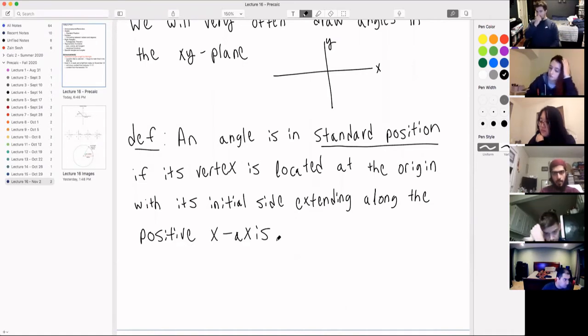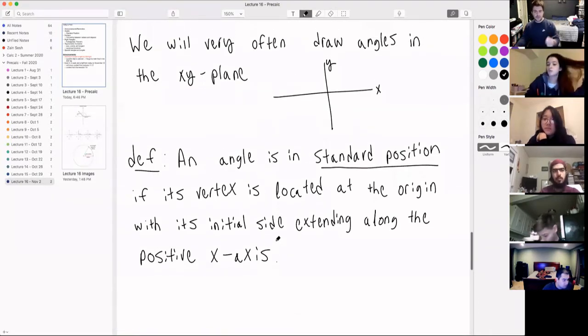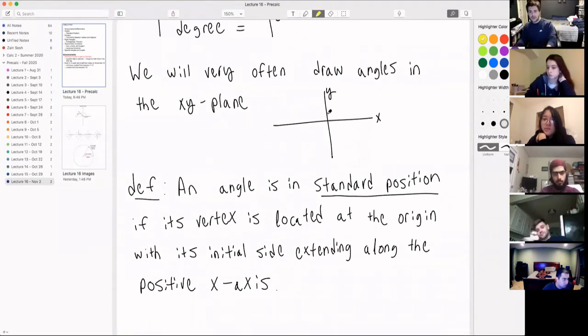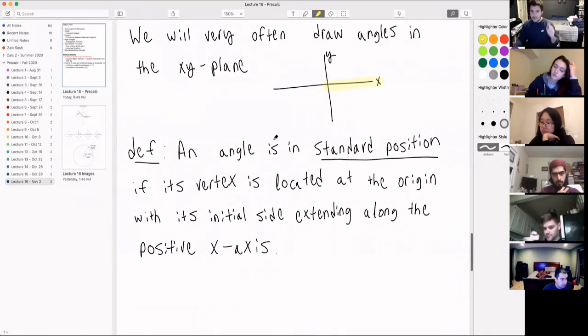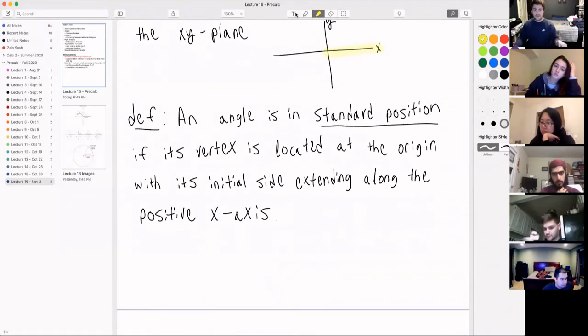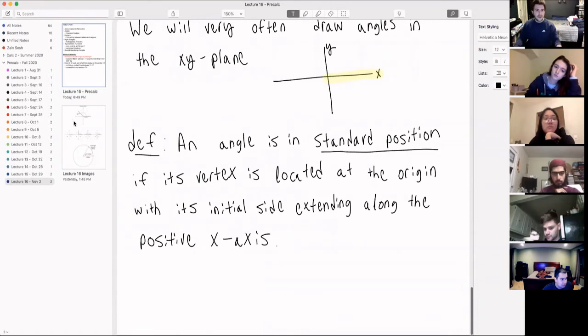I'm going to show you some pictures, but recall the positive x-axis is the part of the x-axis that has the positive numbers, the right side of the origin on the x-axis. Now I have a picture of an angle in standard position, so let's go to that.